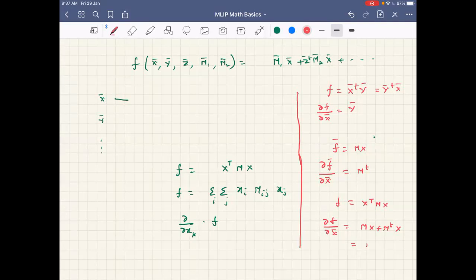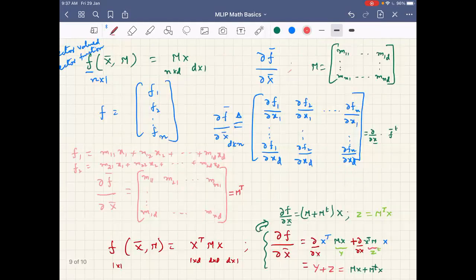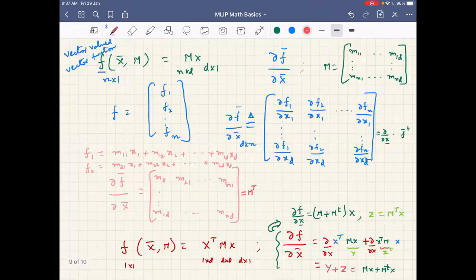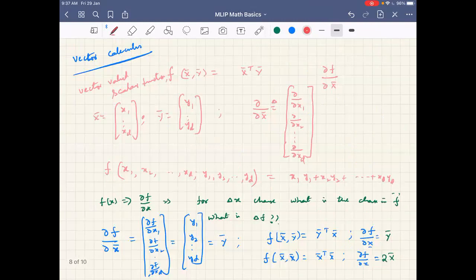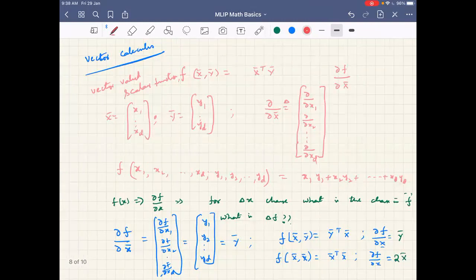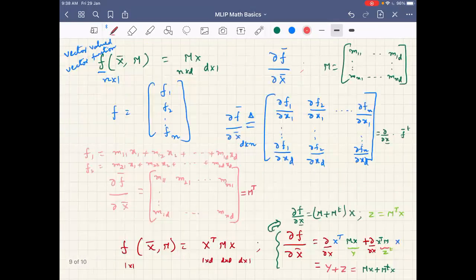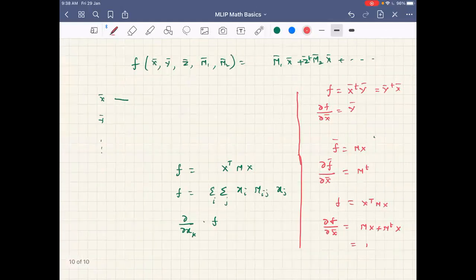So in this case, can you comment what will happen if M is a symmetric matrix? As I said in the previous class, usually the matrix M in our problems is real and symmetric most of the times. I will tell the reason for that. But assume that M is real and symmetric, how does this simplify?